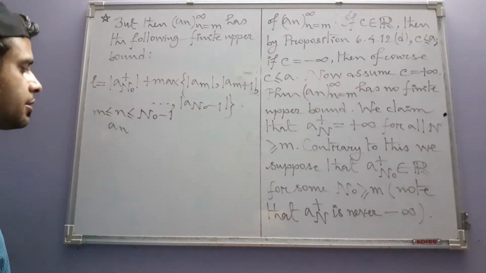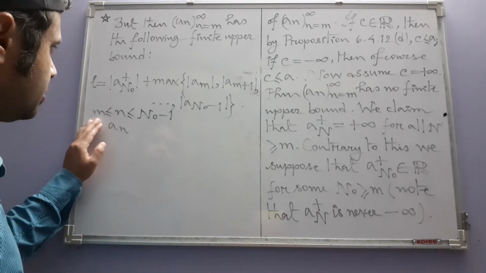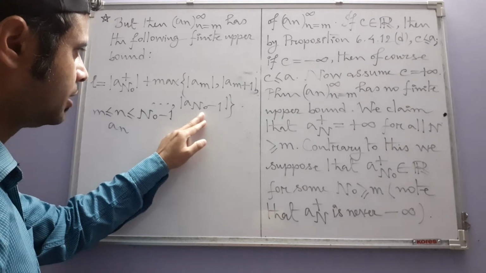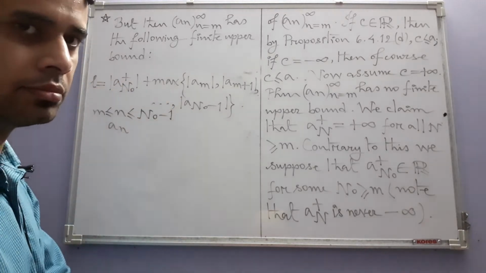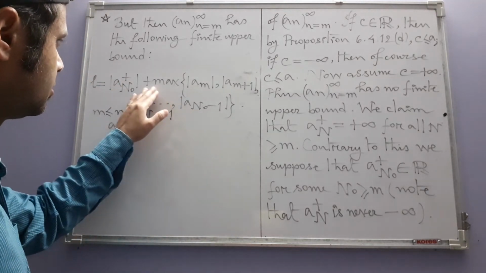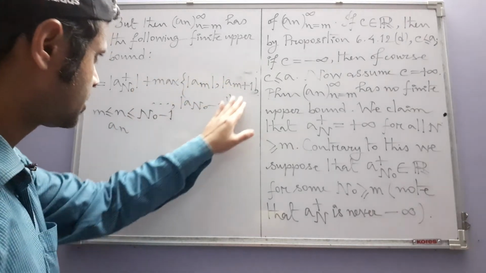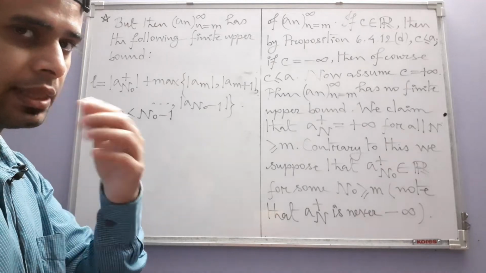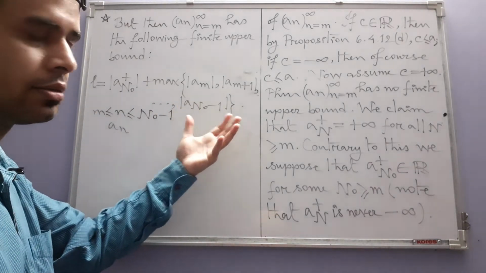You have to understand one thing, that our n naught itself may be equal to m. In that case, this second real number in this sum is not there. Okay, in that sense it has been considered.